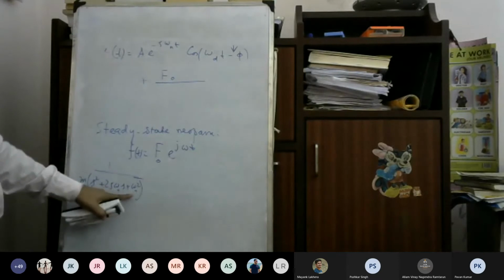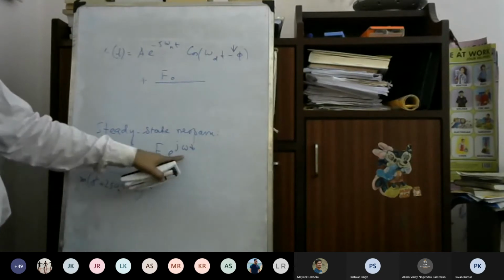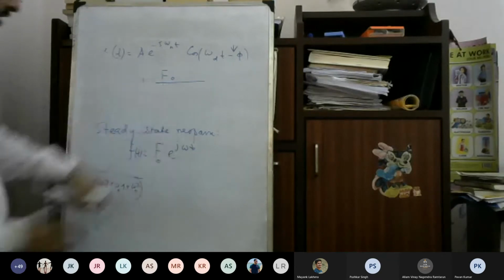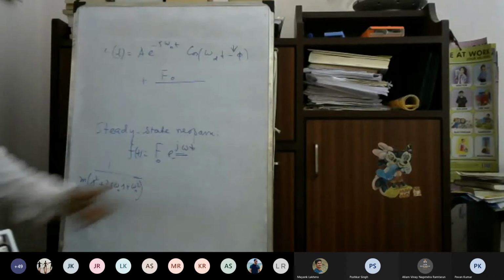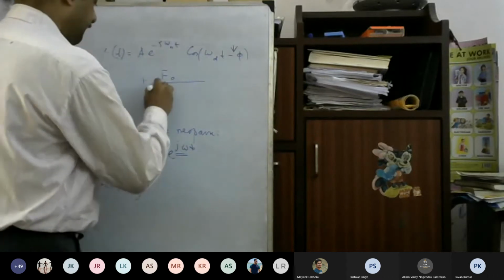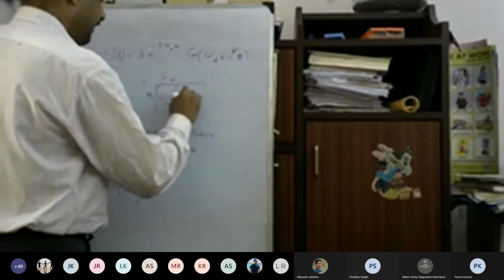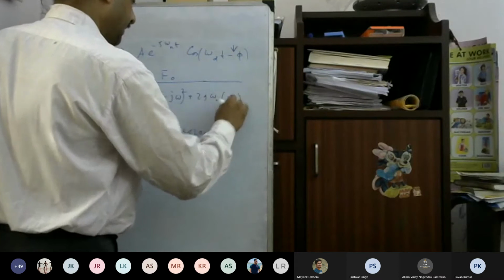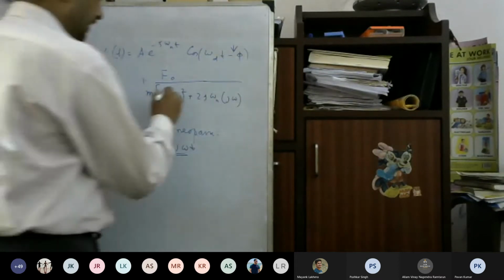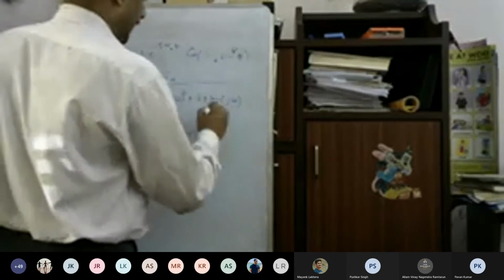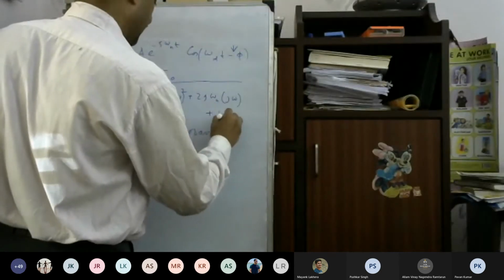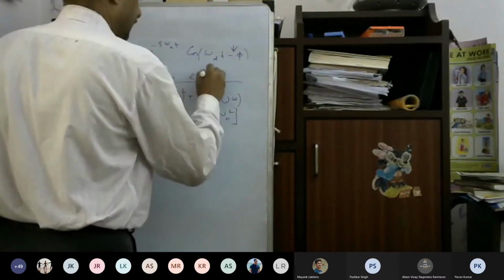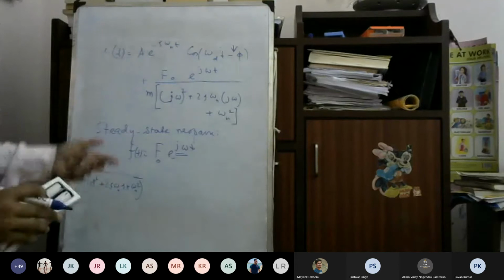For the steady state response, I will put j omega instead of s. So s will be replaced by j omega. Here we'll have minus omega square plus 2 zeta omega n j omega plus omega n square, and e to the power j omega t. So this will be the response.